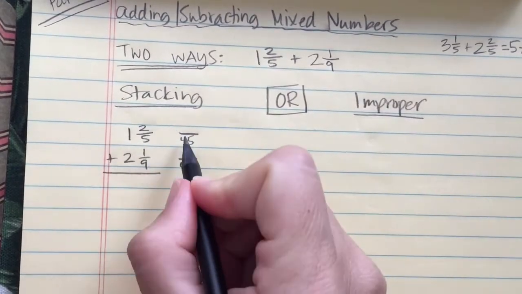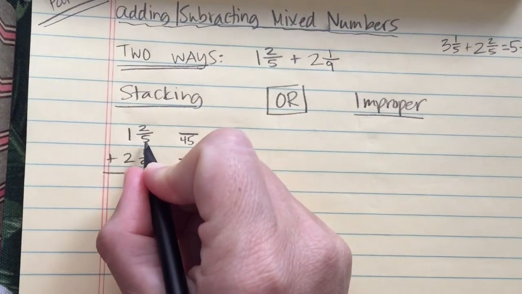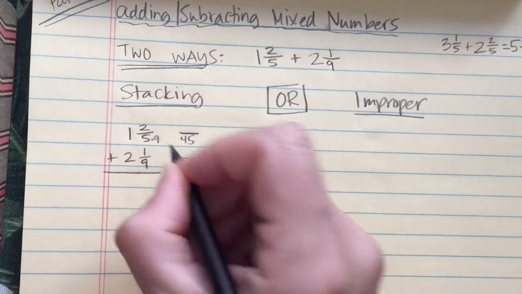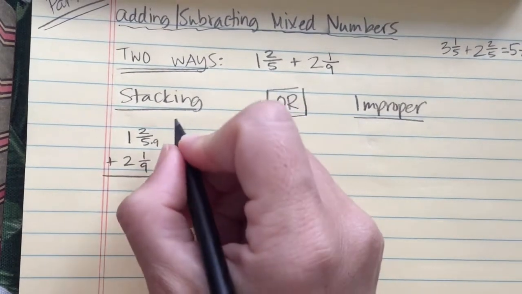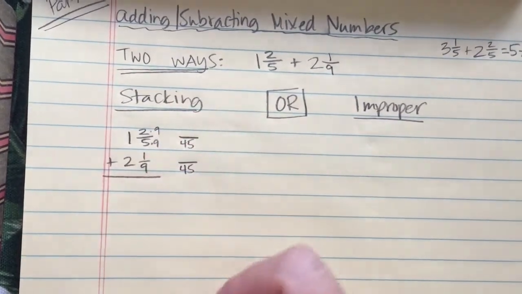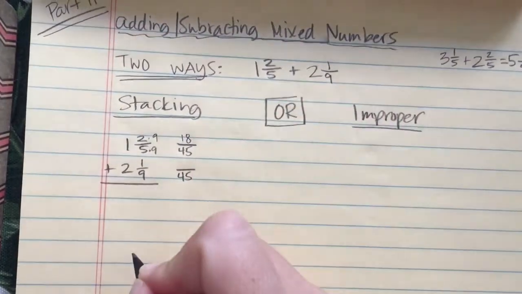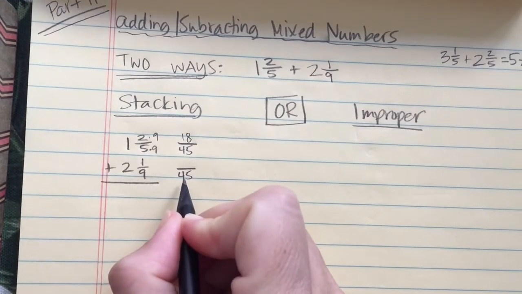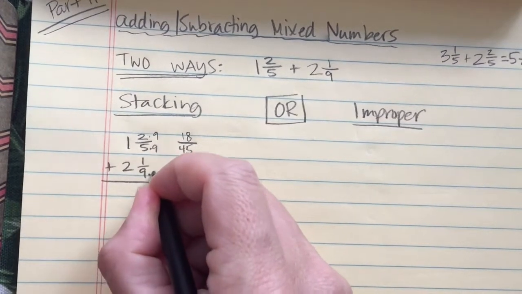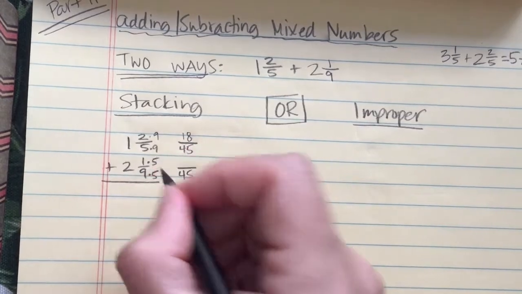Now I've got to change my tops. To change 5 to 45, it was times 9. So I've got to multiply 2 by 9, which is 18. And then to change 9 to 45, we multiply by 5. So I've got to do the same thing to the top.